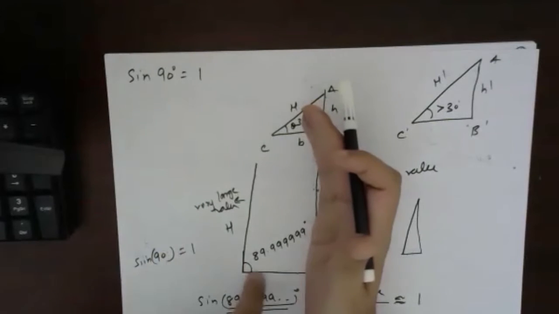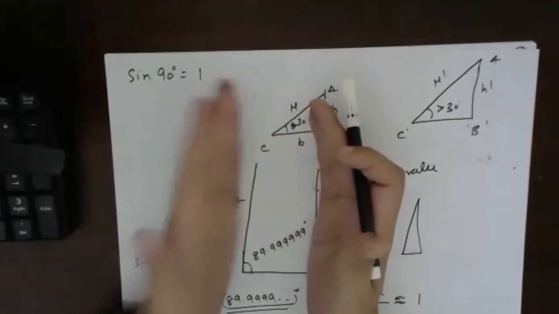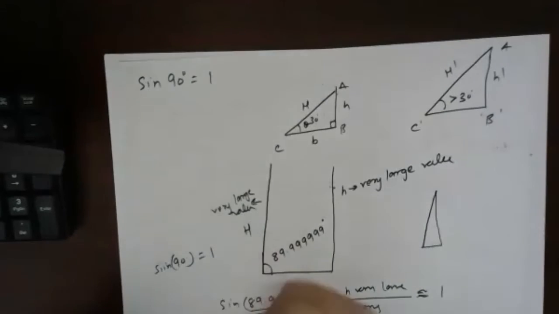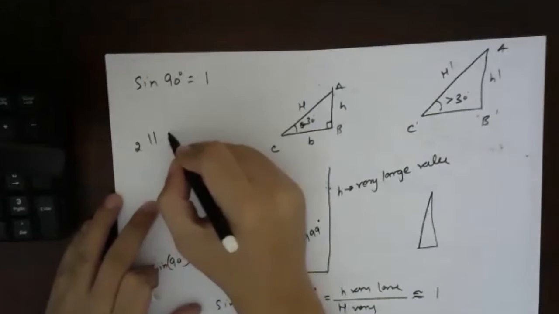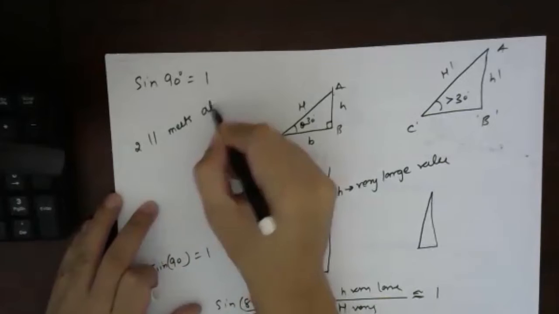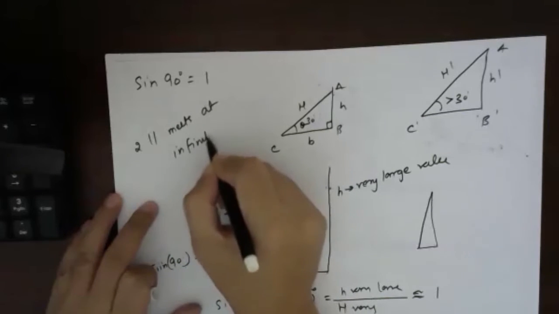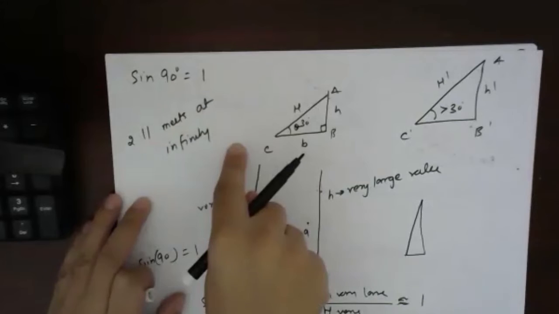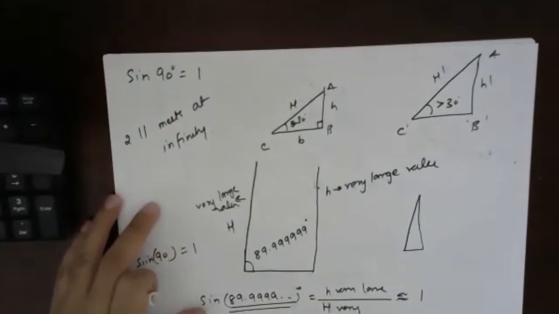Now see, that is why they say two parallel lines meet at infinity. Have you heard the term, two parallel lines meet at infinity? Have you ever heard this term? Yes.